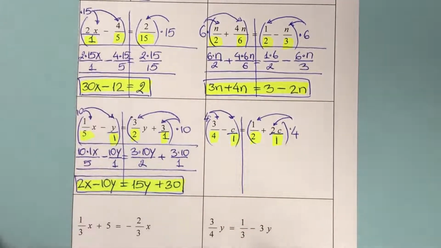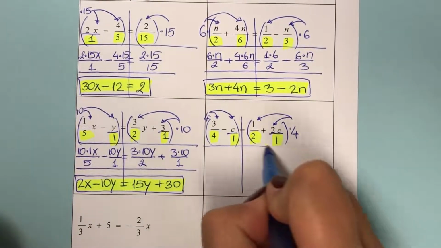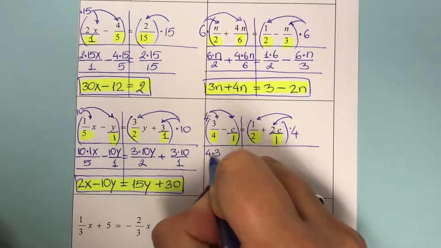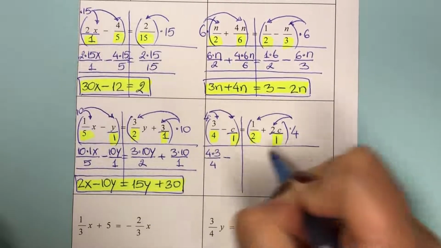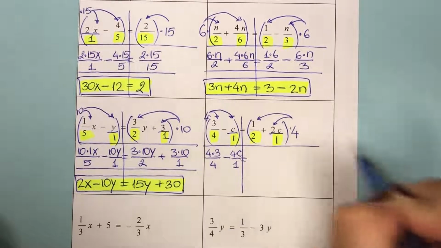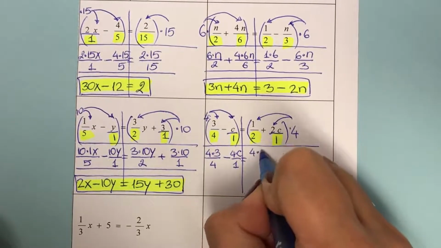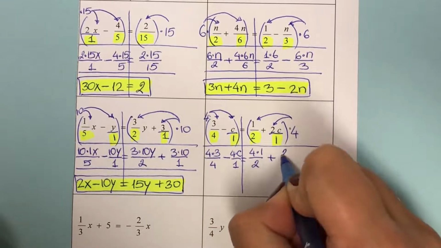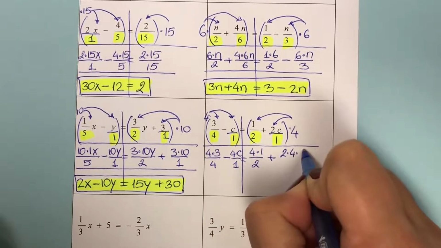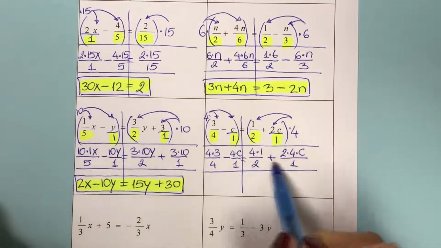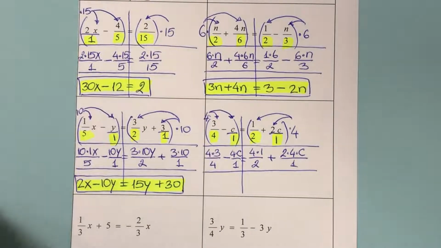Multiply numerators, keep the denominator for the distribution. So 4 times 3, keep the denominator, minus 4 times c over 1 equals 4 times 1 over 2 plus 4 times 2, or 2 times 4, c over 1. Denominators we keep, multiply the numerators.